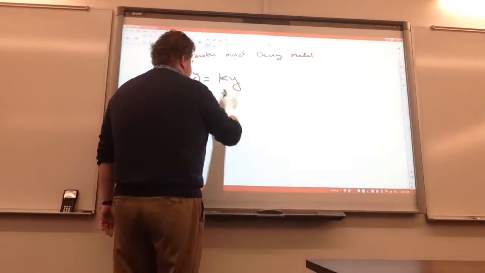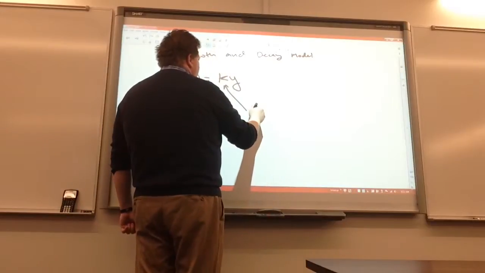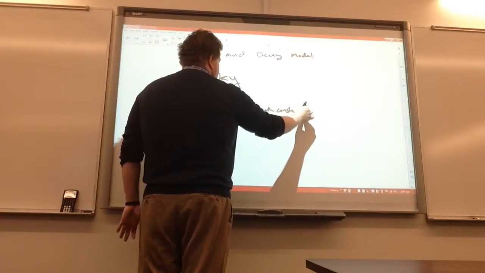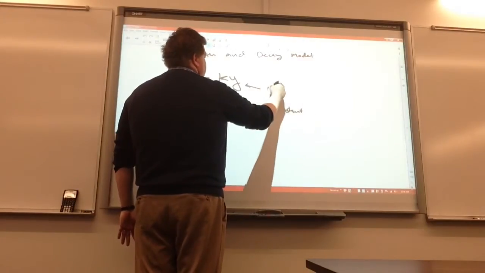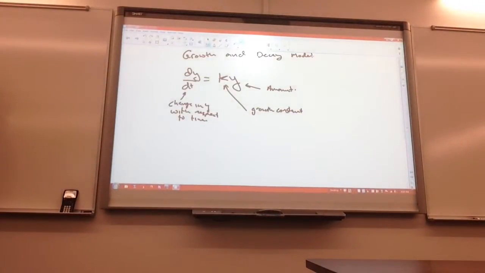K here is what I'm going to call the growth constant, and of course, y is your amount. The book calls it a proportionality constant, because this is a proportion. But I think it's better to think of it as a growth constant because, you're going to see very shortly, it determines whether your system grows or decays.